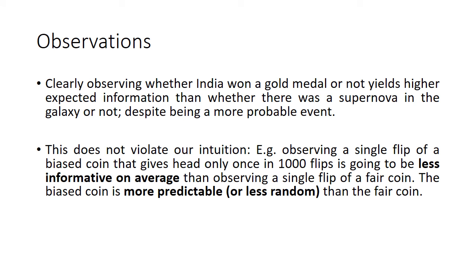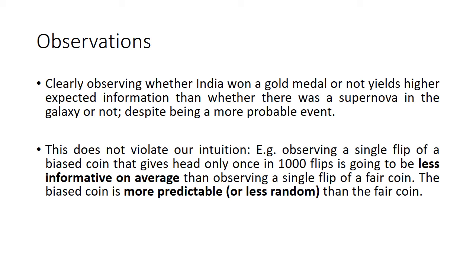Suppose you have two coins: an unbiased coin and a biased coin. The biased coin will give you a head only once in 1,000 flips. So 999 times it will give you a tail, and one time it will give you a head. So which one of them gives you more information?